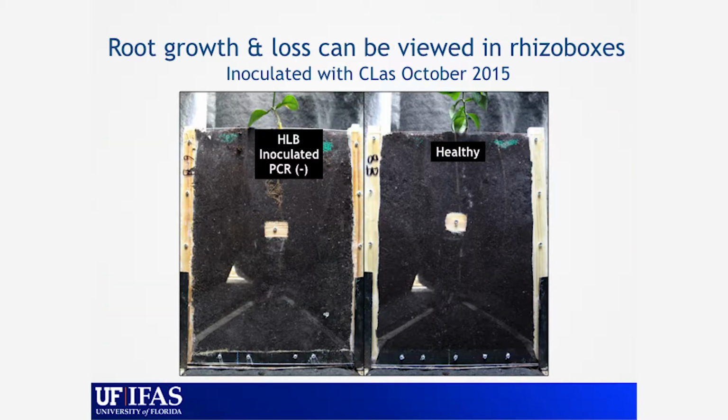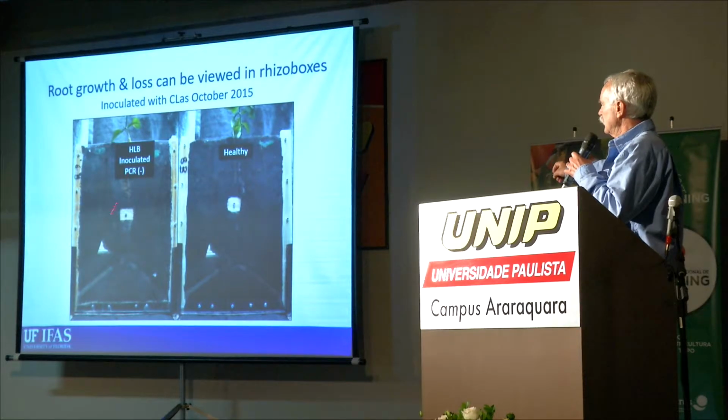Well, just to convince you about this root growth stimulation process, as he calls it, he inoculated trees in these rhizoboxes in October 2015. The HLB tree here was inoculated and was PCR negative at the beginning of the trial, and the healthy tree next door was uninoculated.